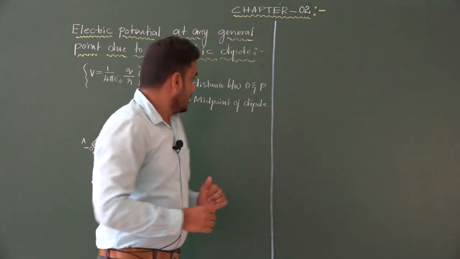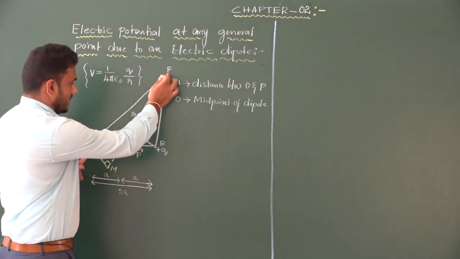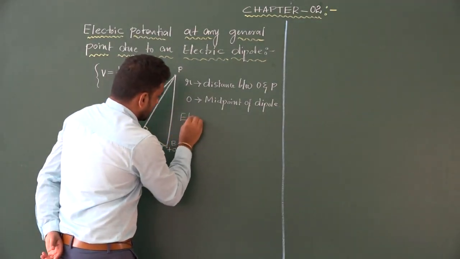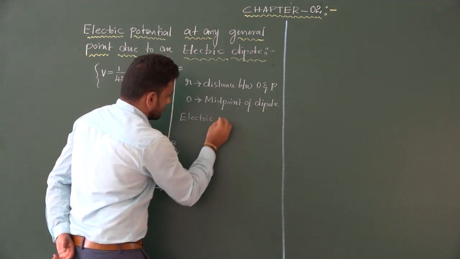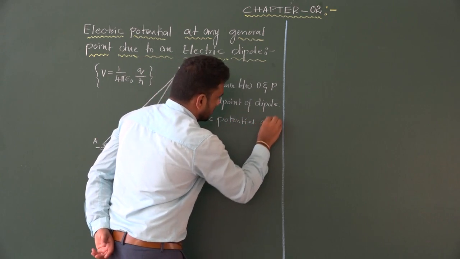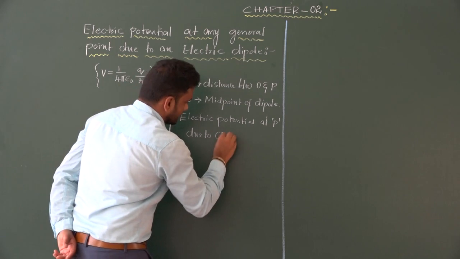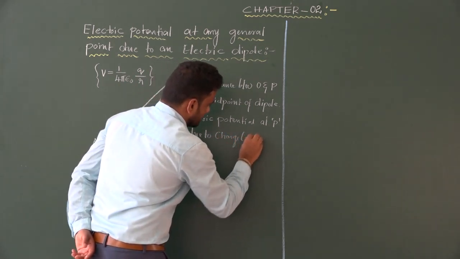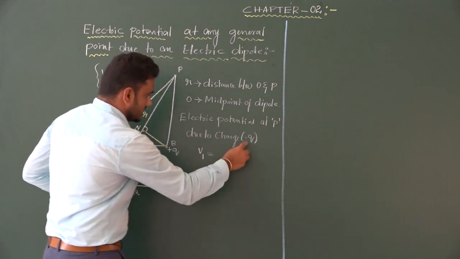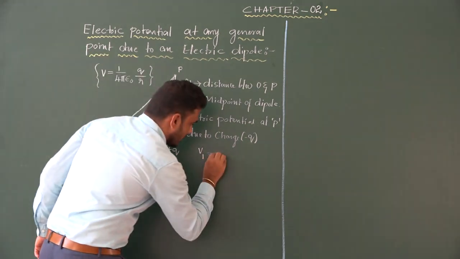Okay. Now, electric potential at a point P due to the negative charge, due to charge minus Q, is given by, we can give a name, V1 is equal to, since it is the electric potential at point P due to a negative charge, I will write a negative sign.